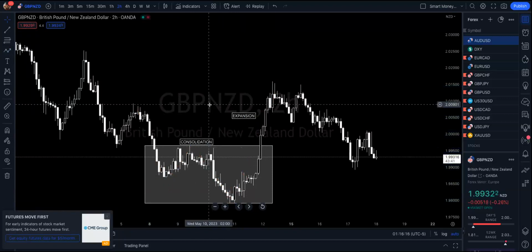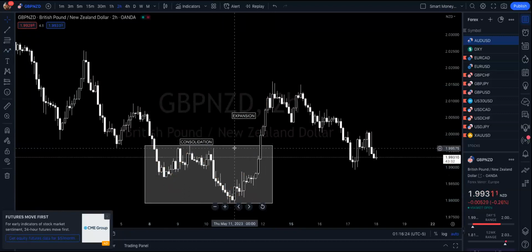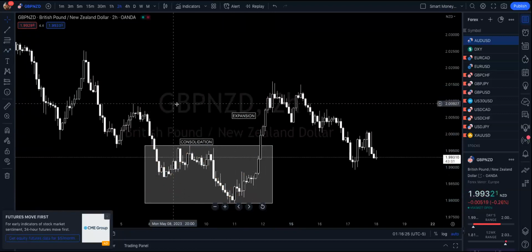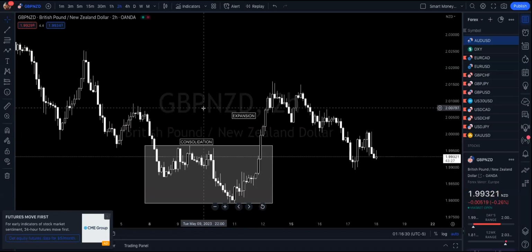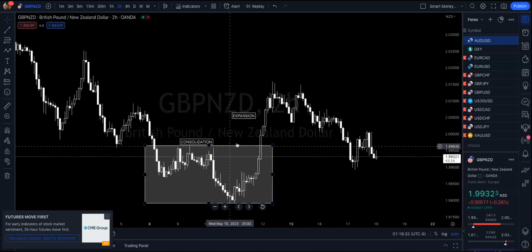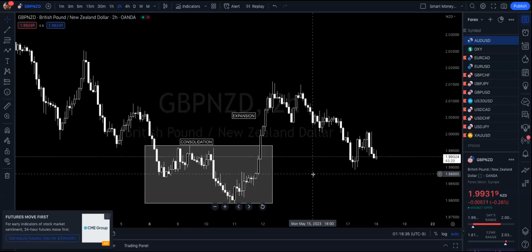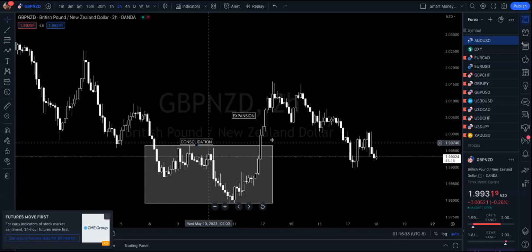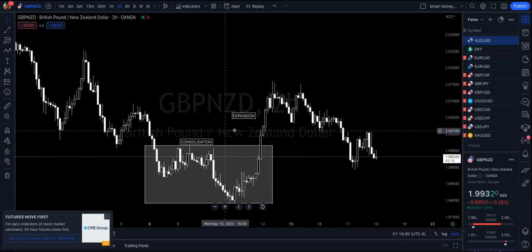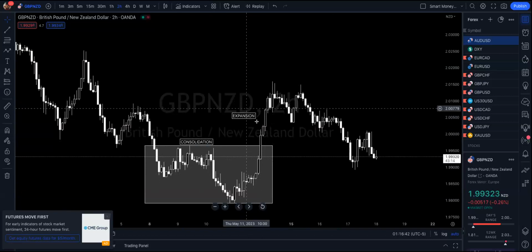A change of character is a break of structure. The difference is that when you get a change of character, structure is most likely changing. A change of character indicates a possible reversal, not a definite one. So that's our first clue that we're going to be looking for buys on this GBP NZD.